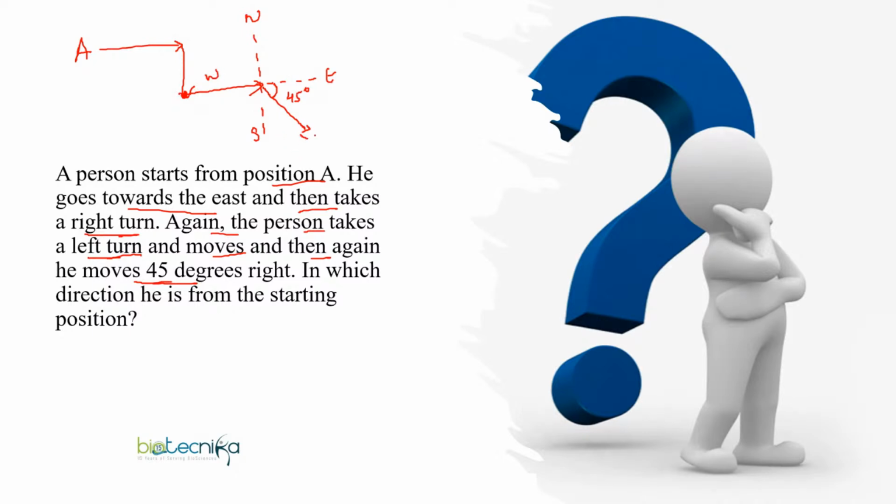So which direction is this one? South and east. That means my answer will be southeast. Understood? Any difficulty? All the people who gave the answer as southeast, you guys were correct. Southeast is the correct answer for this particular question. Southwest is a wrong answer.